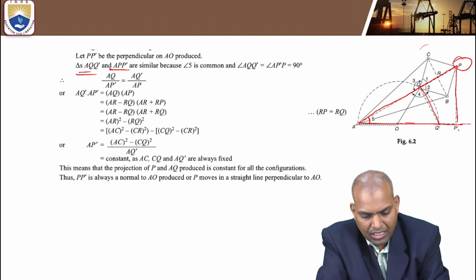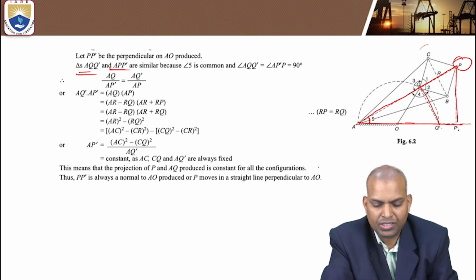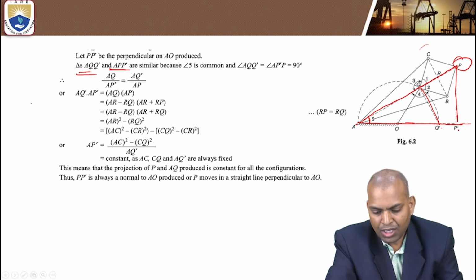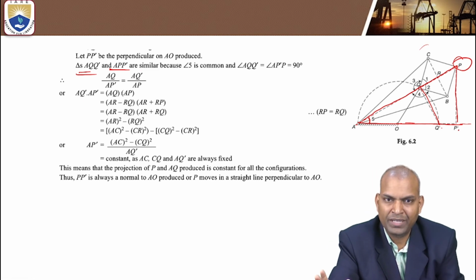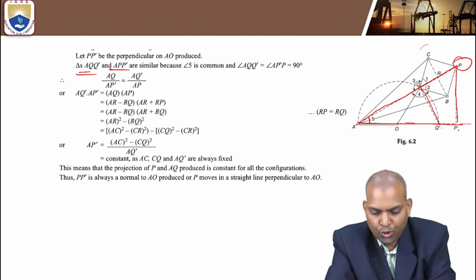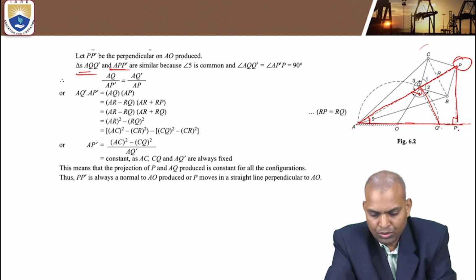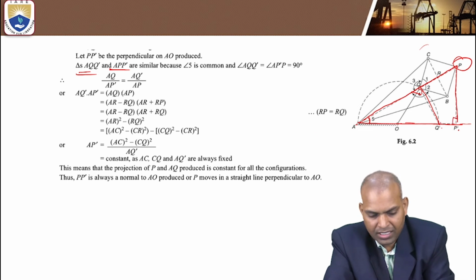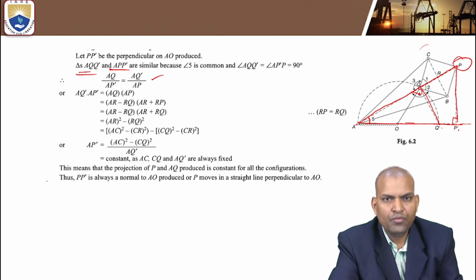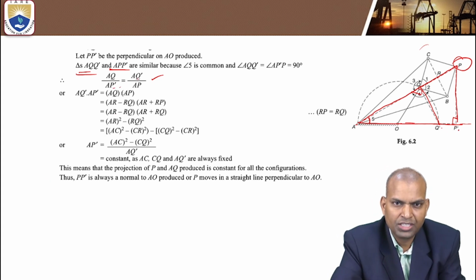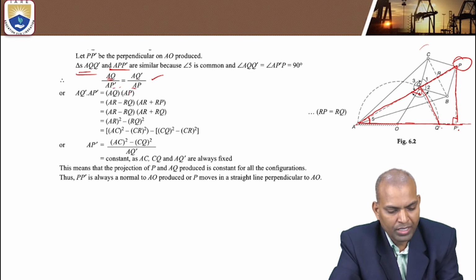APP dash and AQQ dash. Now, the ratio of similar triangles remains the same. AQ by AP dash, because it is 90 degrees, equals AQ dash by AP. Now, if you multiply the diagonals, AQ into AP dash... AQ by AP dash into AQ dash equals AQ into AP.